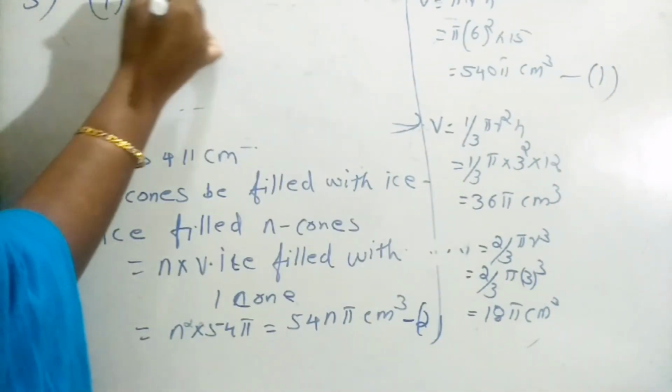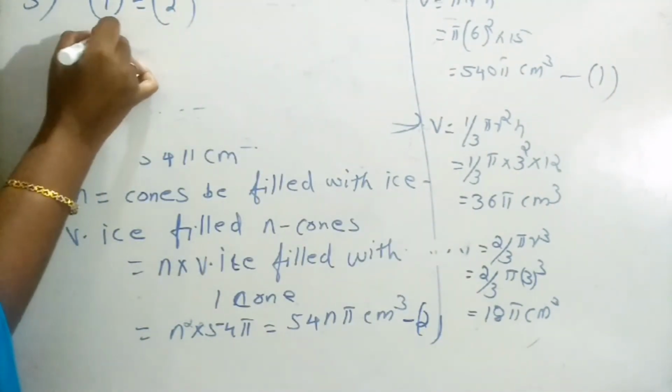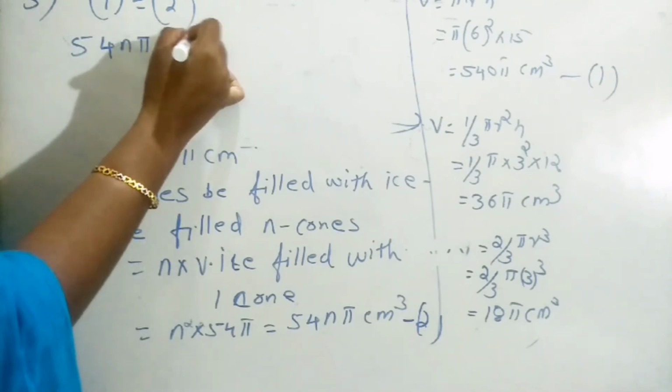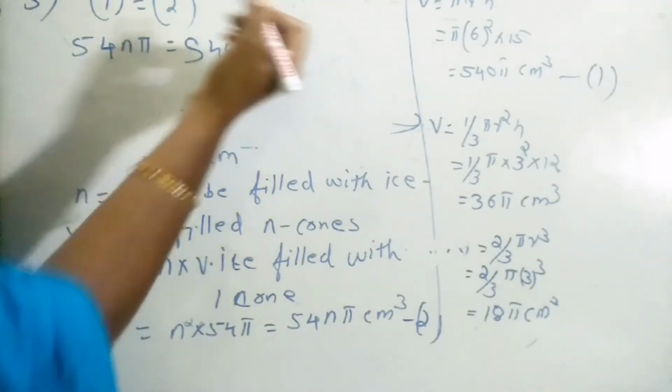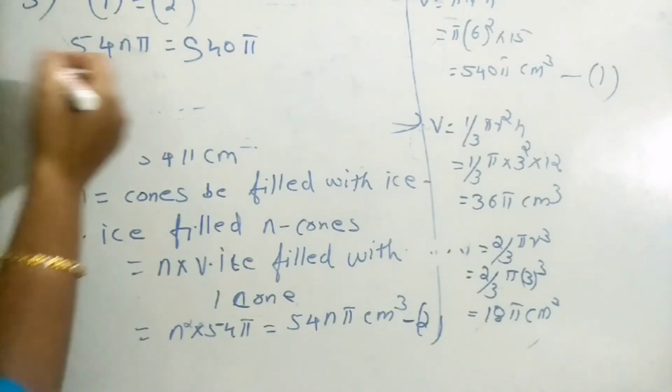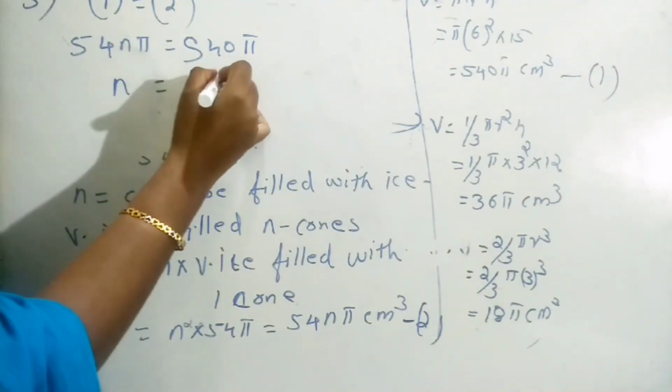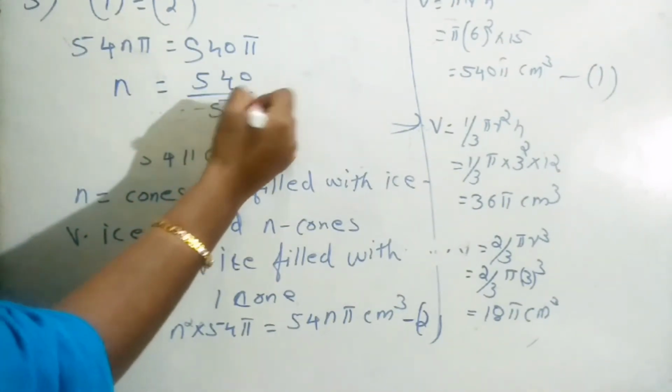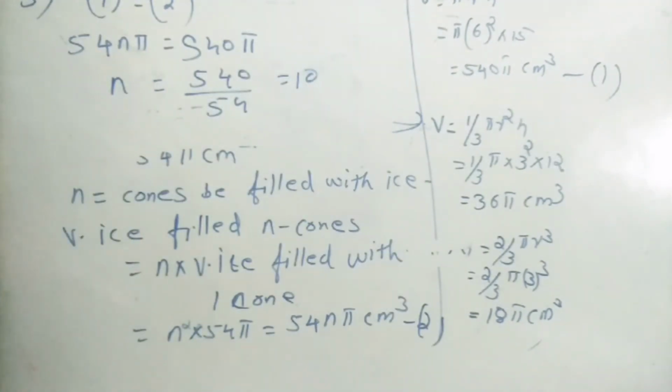Equation number 1 is equal to equation number 2. That is 54 n pi is equal to 540 pi. Then n is equal to 540 divided by 54, which is equal to 10. Hence, 10 cones can be filled with the ice cream.